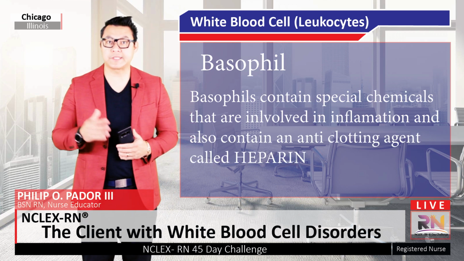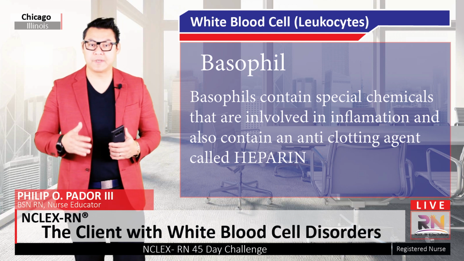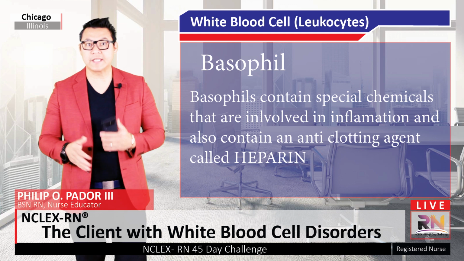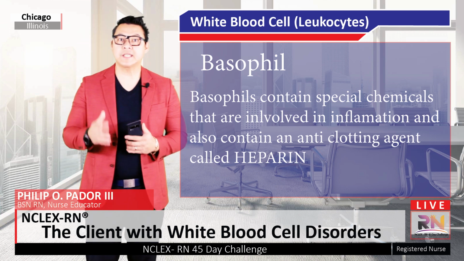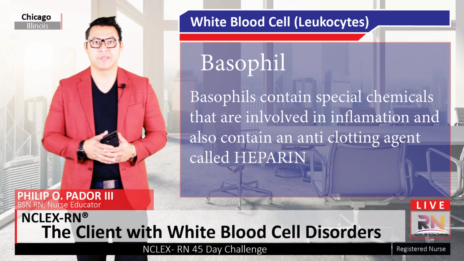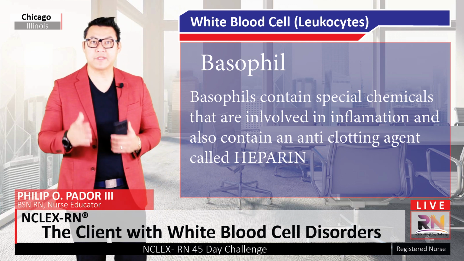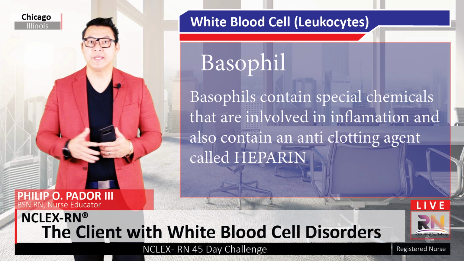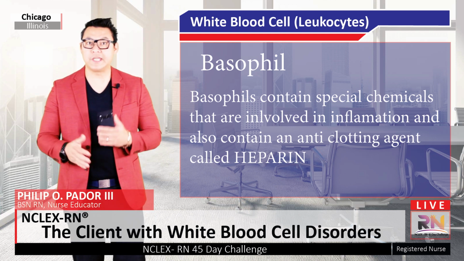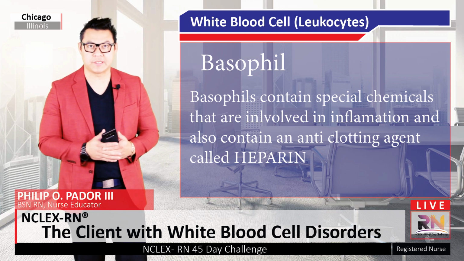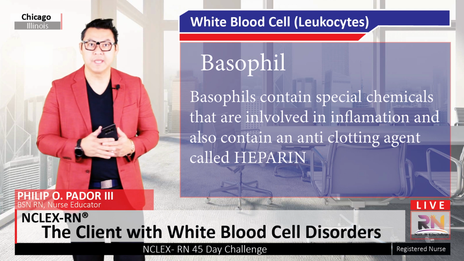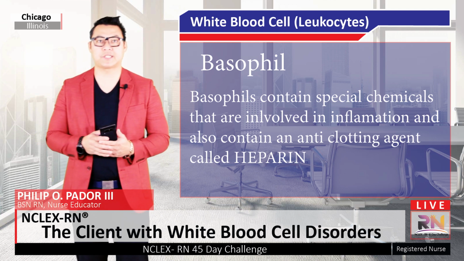Now, basophils contain special chemicals, for example, histamine, found within those granules, the secretory vesicles inside the cytoplasm. These histamines are involved in initiating the process of inflammation, a type of protection that we have in our innate immune system, the non-specific immune system.